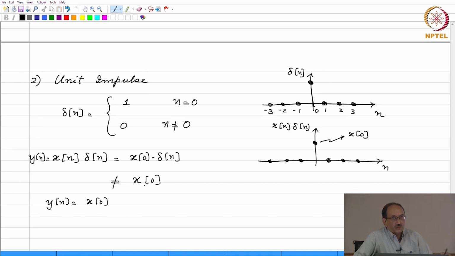Other points the value has to be 0. To signify that, you need to multiply this by delta of n, which makes the product go to 0 at other values of n.